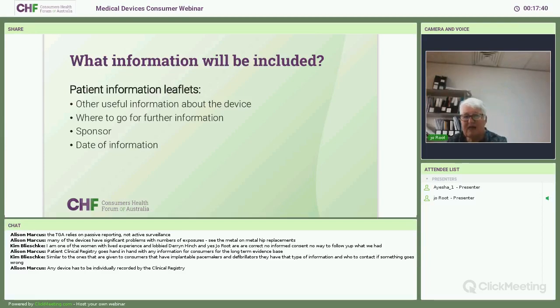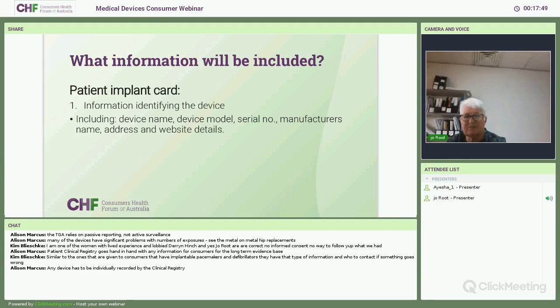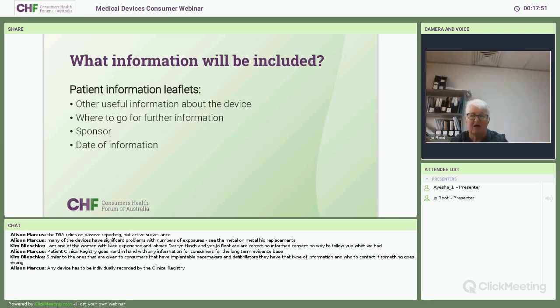So, as I was saying, one of the key issues is when people might get such a leaflet. And before we go there, one of the issues here is, for this to form a part of informed financial consent, people would need to get it before they actually agree to the procedure.